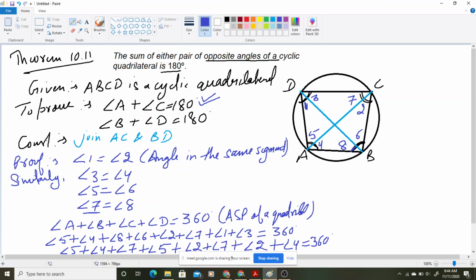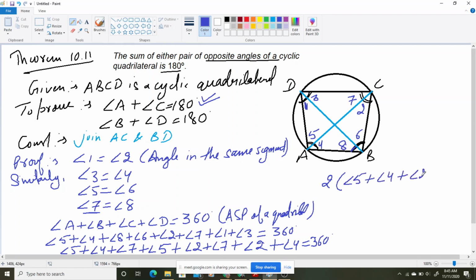Now you need to focus on one thing. See, angle 5 is 2 times, 4 is 2 times, 7 is also 2 times, 2 is also 2 times. All the angles are coming here 2 times. So I will take 2 common, then I will write angle 5 plus angle 4 plus angle 2 plus angle 7, and it will be equal to 360.